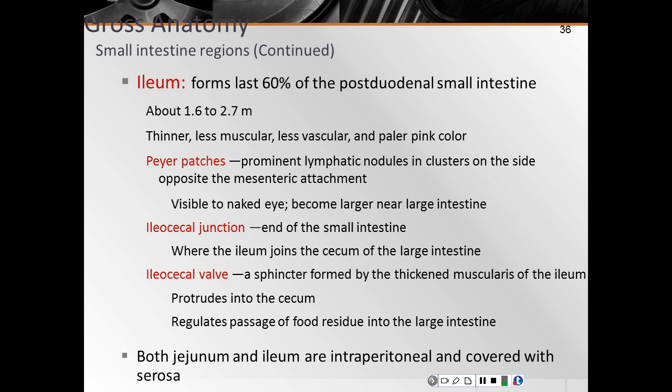Now, both the duodenum and the ileum are intraperitoneal and thus covered with the serosa that is continuous with the folded mesentery that suspends the small intestine from the posterior abdominal wall.